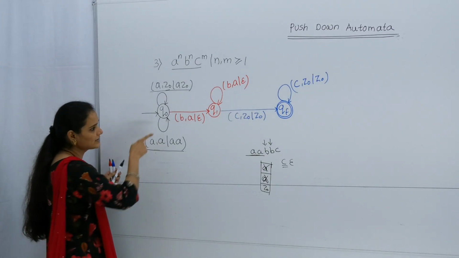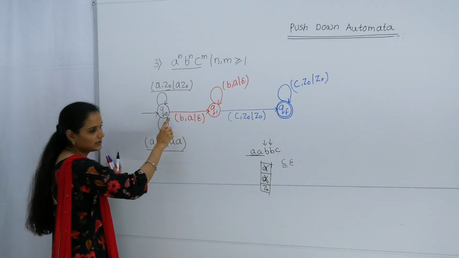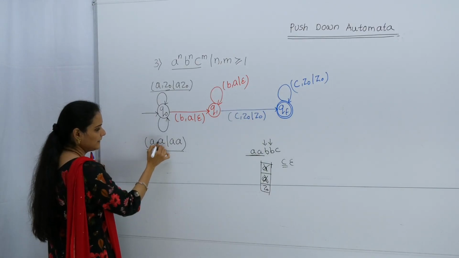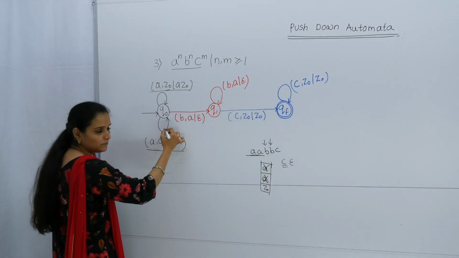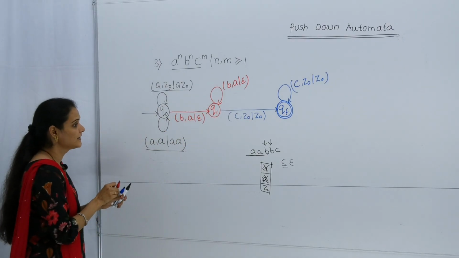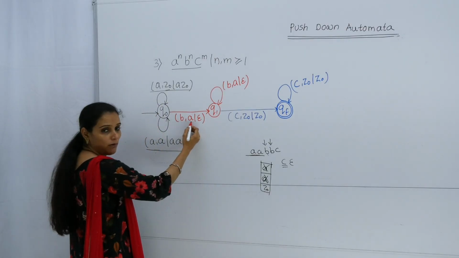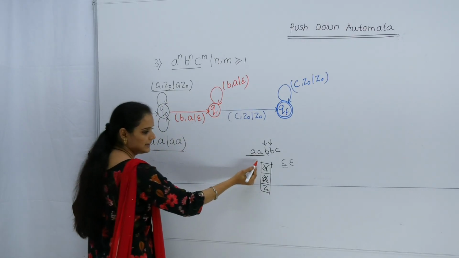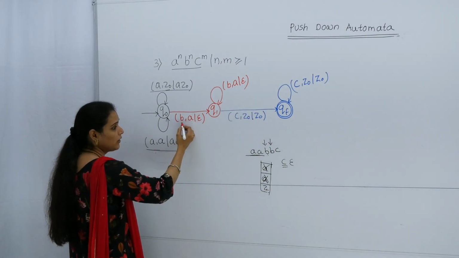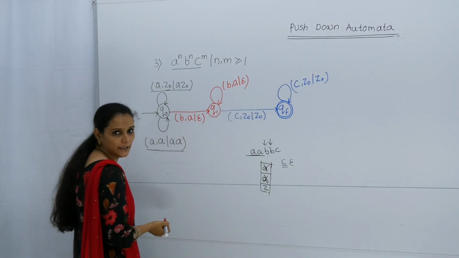When I obtain the first b, the direction in the state transition diagram goes this way. If we are reading a, we perform that loop. On obtaining the first b, we move in that direction. Here we have read the first b, and the top of the stack is a, because we have pushed the a's, and as we have read the symbol b, a pop operation should be performed.